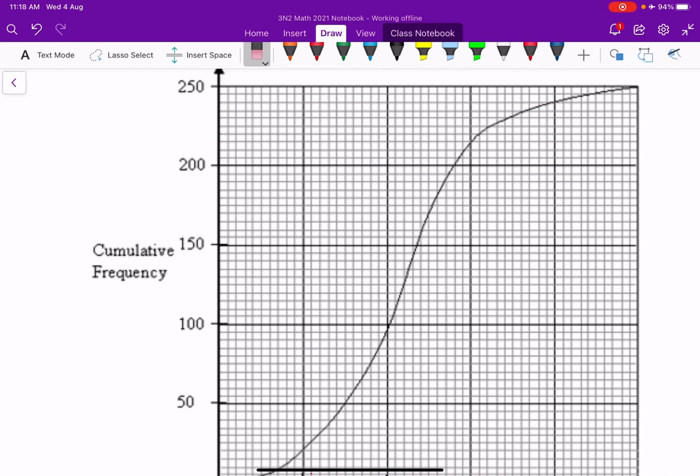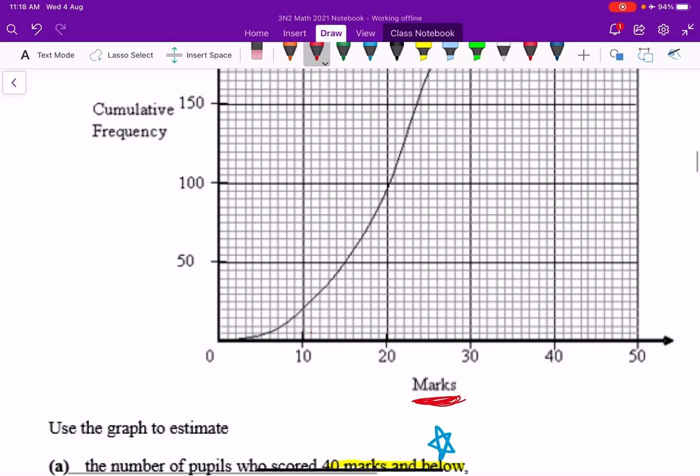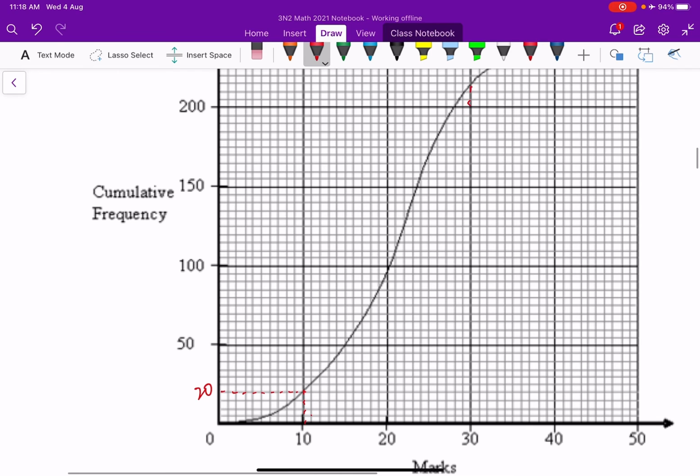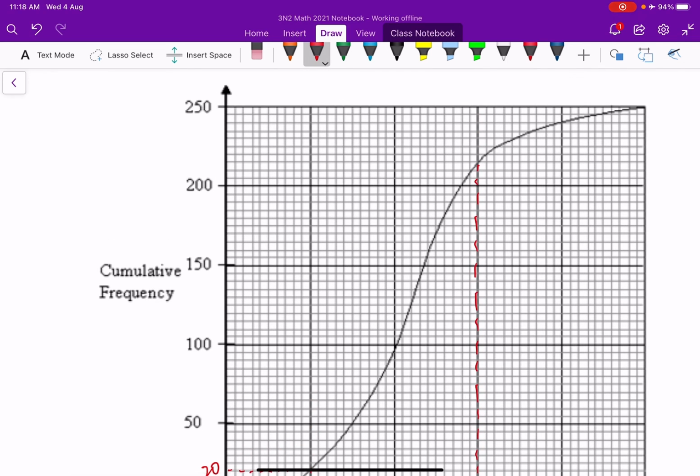So between 10, this is 20, and 30. If I draw the dotted line up, use a ruler please, and I go across, I will get a value of 215.